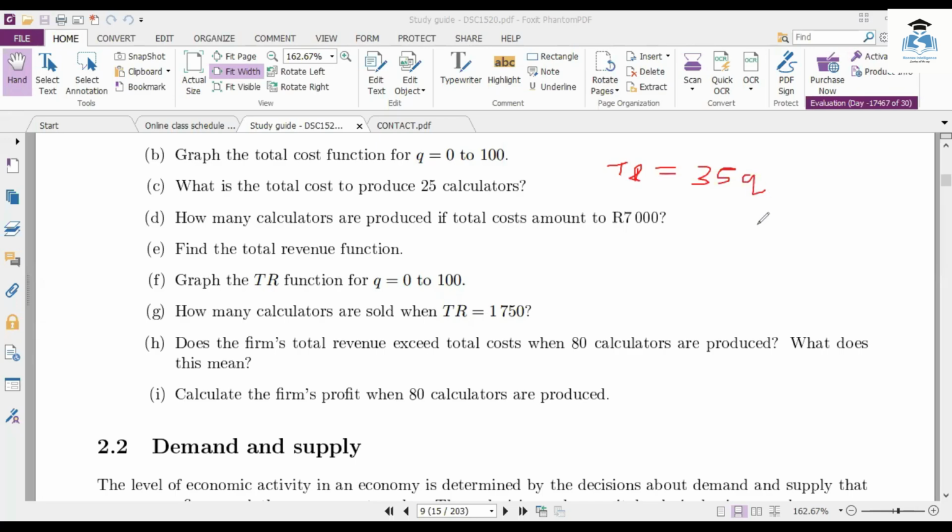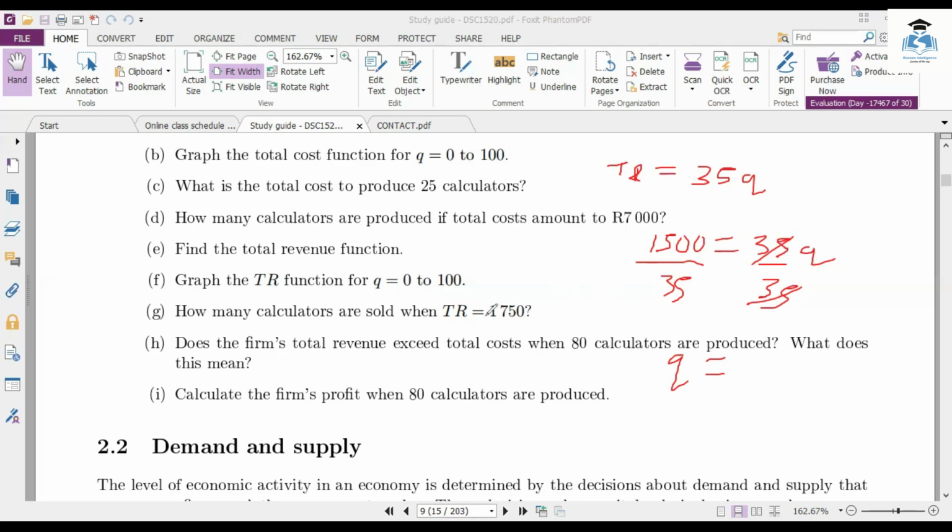So if our TR is 1,750, we are saying 1,750 is equal to 35Q, then we divide by 35, and we divide this one also by 35.